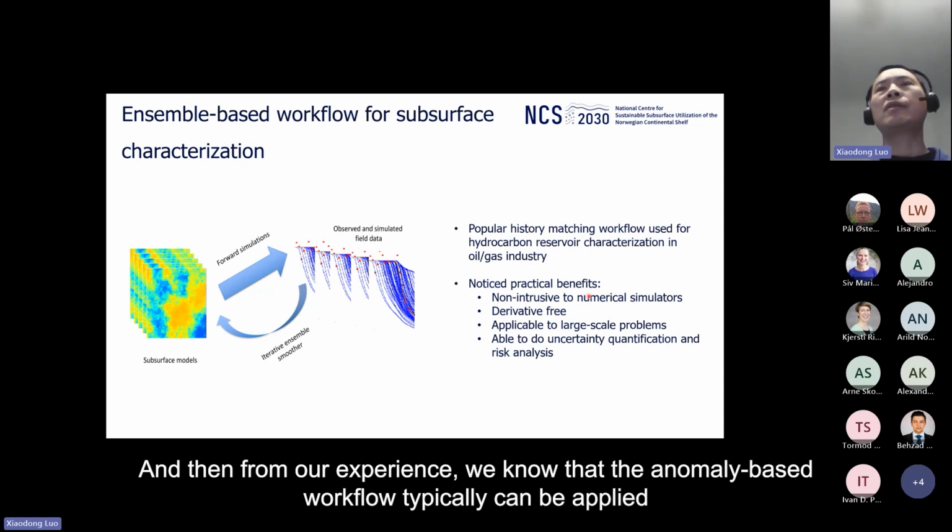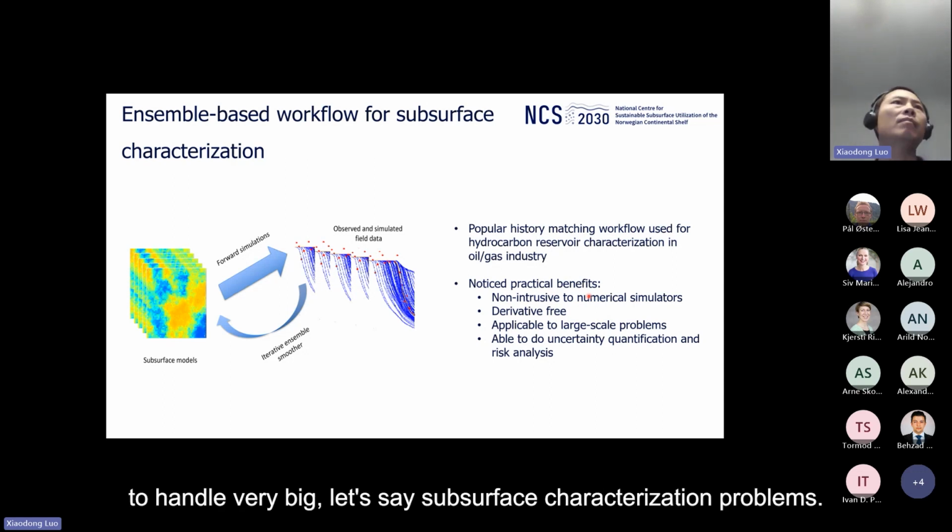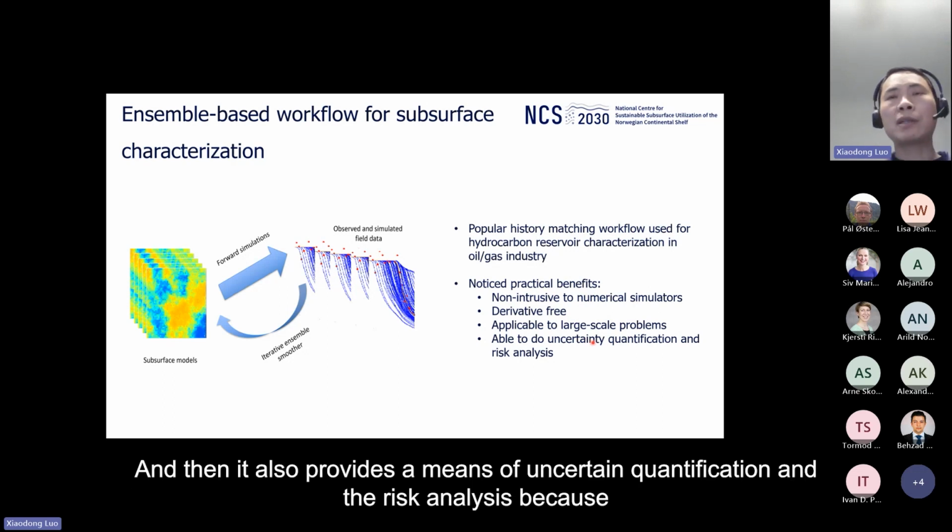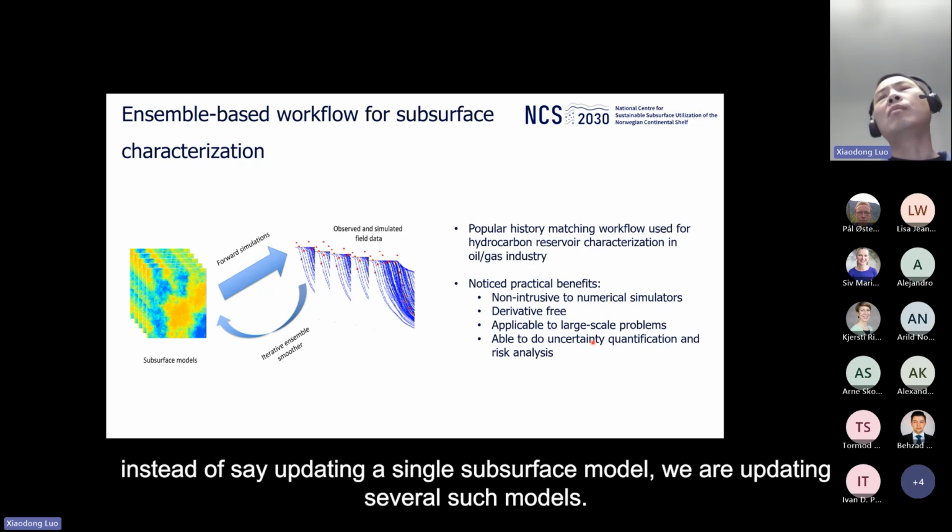From our experience, we know that the ensemble-based workflow can typically be applied to handle very big subsurface characterization problems. It also provides a means of uncertainty quantification and risk analysis, because instead of updating a single subsurface model, we are actually updating an ensemble of such models.